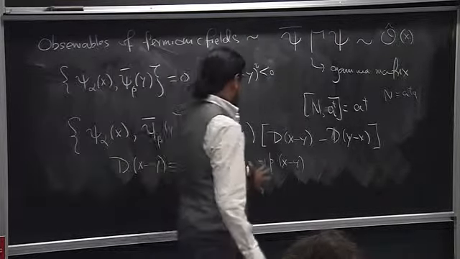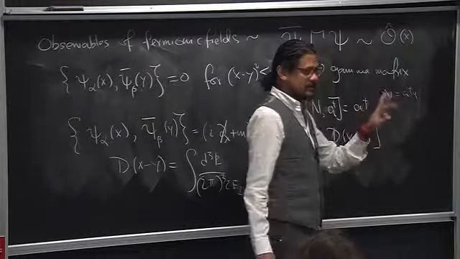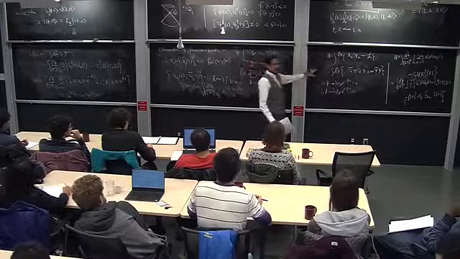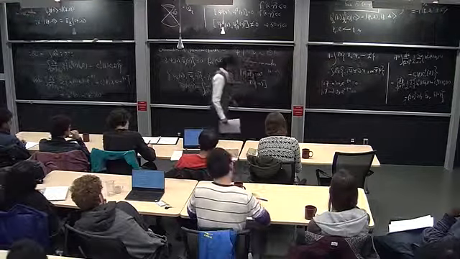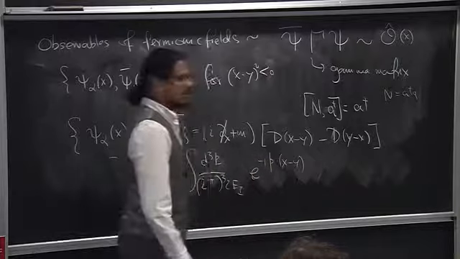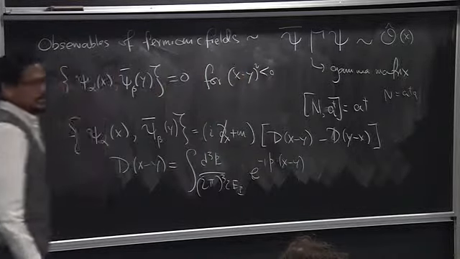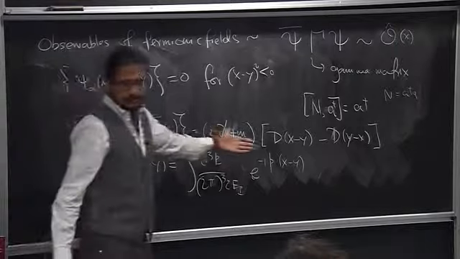So the sign of the exponential factor in this term and the sign of the exponential factor in this term are opposite. But remember our old trick where we replace the three-momentum p by minus the three-momentum. We can do it in the second term, and that will flip this sign. And because of this minus sign, these two terms will cancel. So we see that outside the light cone, for space-like separation, this object is indeed 0.